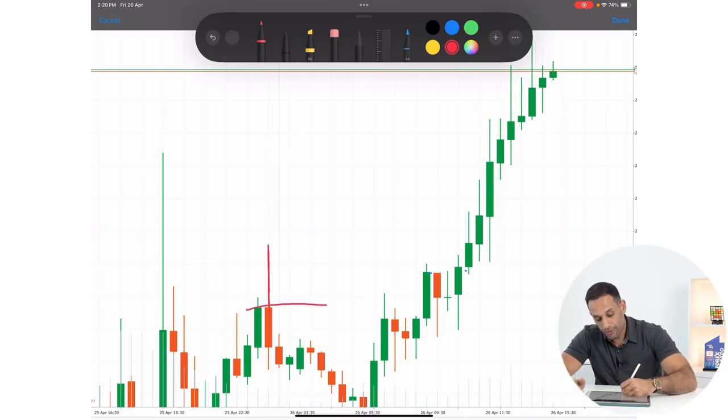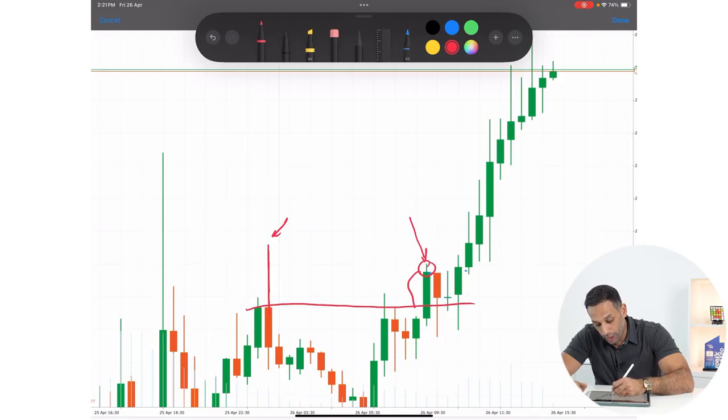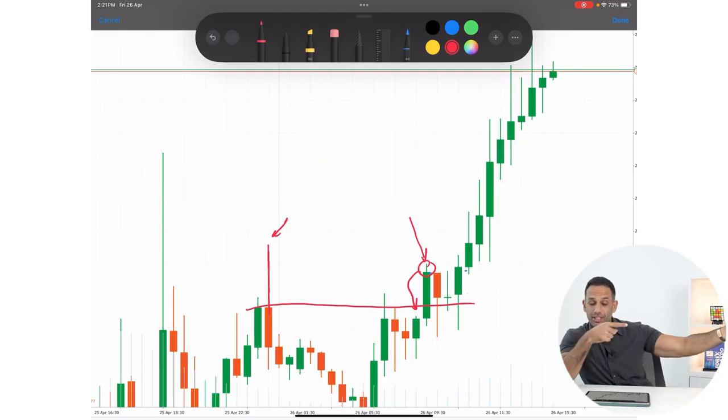Now, if this candle is open and we have this wick here to the left-hand side, we don't know whether this candle will stay above this area or continue to push down. We don't know that until the candle closes. If the candle's open and there's a wick to the left-hand side, we don't know whether the candle will wick like it did to the left-hand side or close in that range.